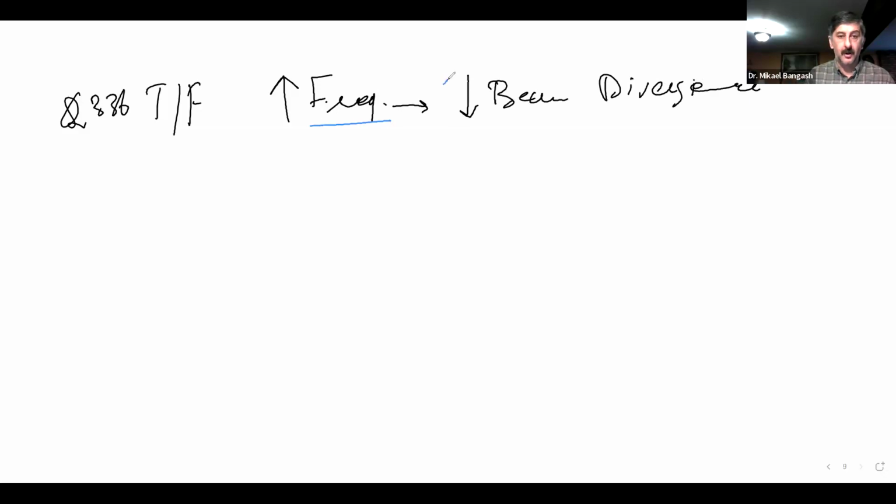The frequency is inversely proportional to the divergence of the beam. Well, that means that we can do it this way and say we have a lower frequency that will cause greater divergence of the beam.